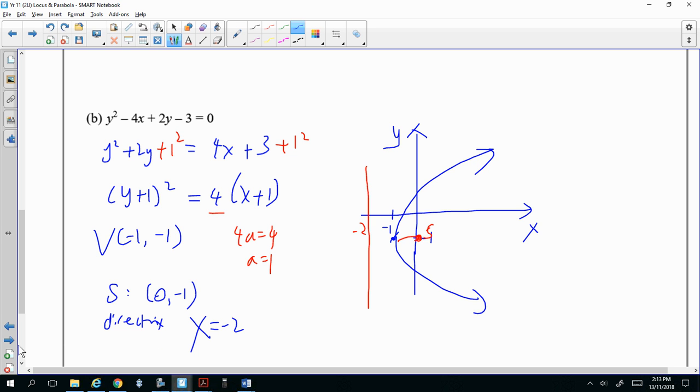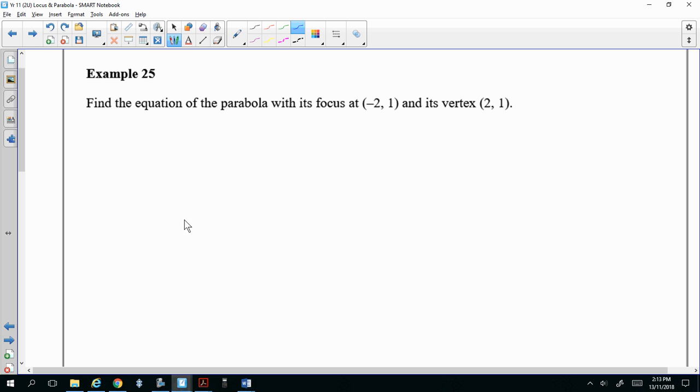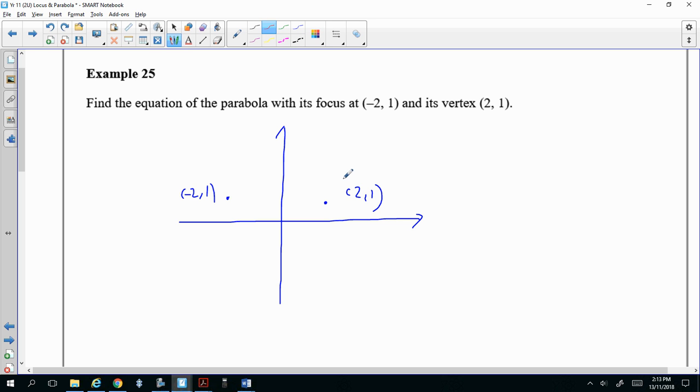All right, find the equation of a parabola with vertex (2, 1), focus (-2, 1). Again, draw 2 across, 1 up. -2 across, 1 up. Okay, remember which one is which. S is the focus. This is the V. So clearly, it's going to go sideways. So if you go sideways, you know the general form is y minus k squared equals -4a times x minus h.